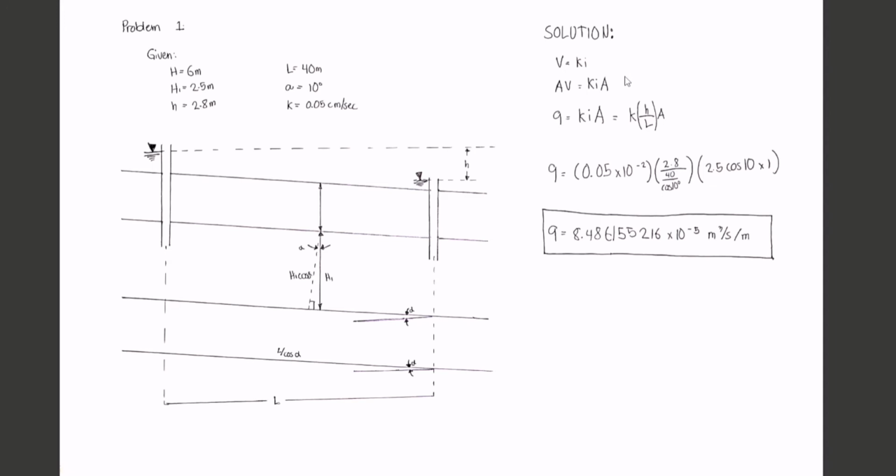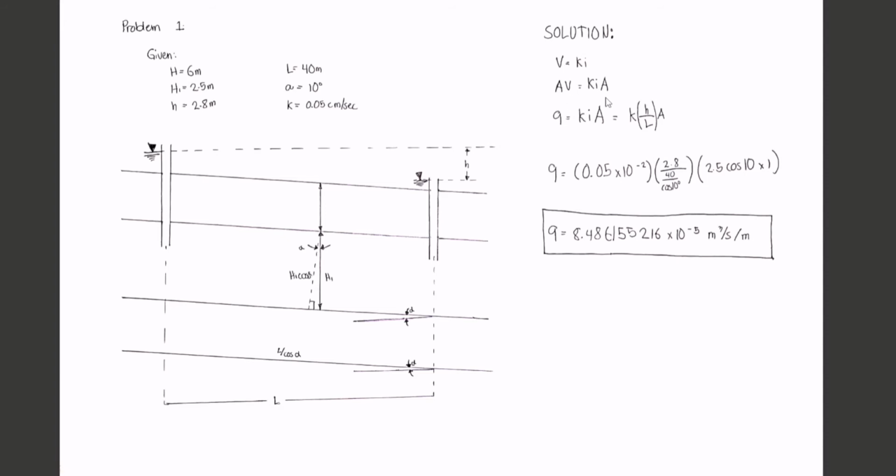Gagamitin natin ang Darcy's law, which proves that the average velocity through soils is proportional to the gradient of the total head. So ito yung formula, V is equals to KI, or the velocity of flow is equals to the coefficient of permeability times the hydraulic gradient. Multiply natin both sides ng cross-sectional area, makakakuha tayo ng formula na AV is equals to KIA.